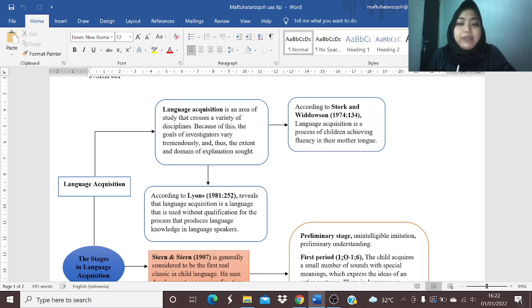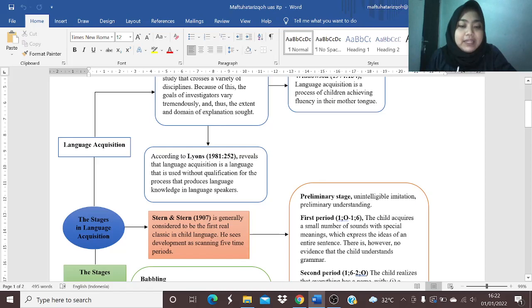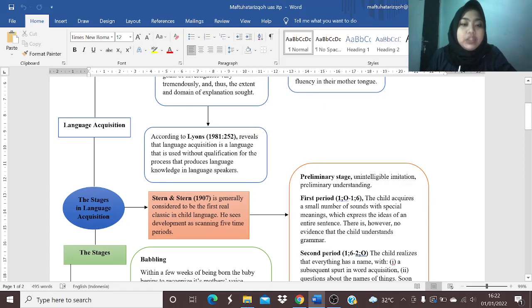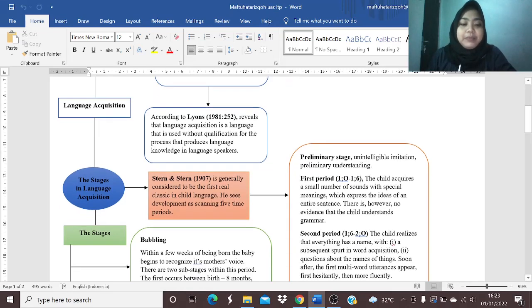According to Stork and Widdowson, language acquisition is the process of children achieving fluency in their mother tongue. And according to Lyons, language acquisition is a term that is used without qualification for the process that produces language knowledge in language speakers.